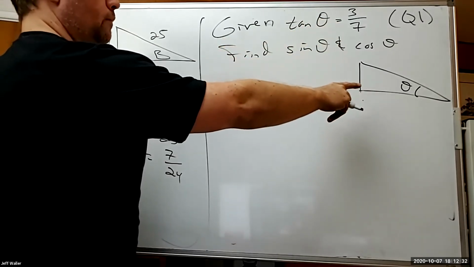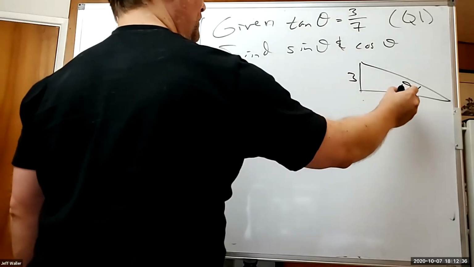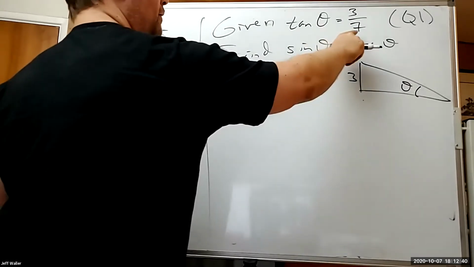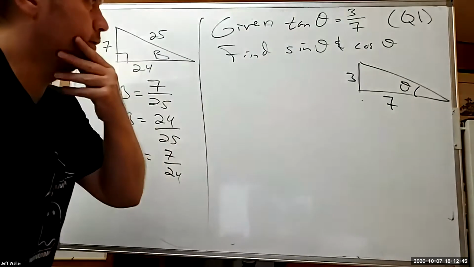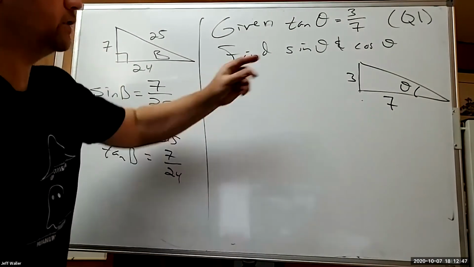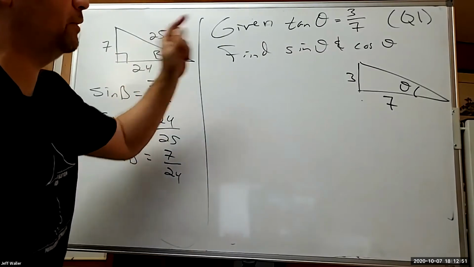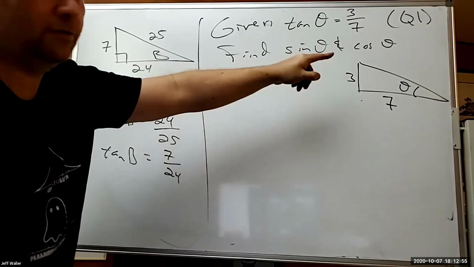Y is 3, X is 7. And to figure out sine and cosine, what's the one side they both need? The hypotenuse. Cool, so finish that out.